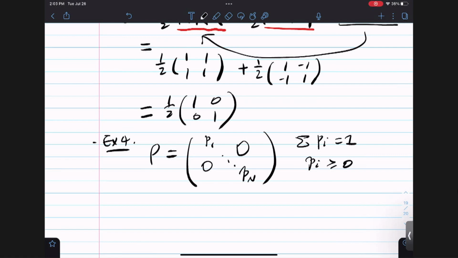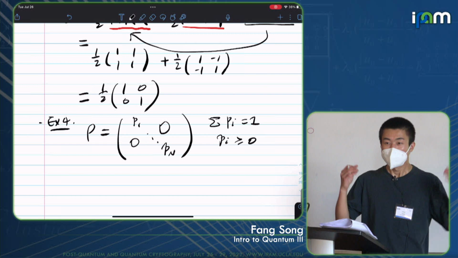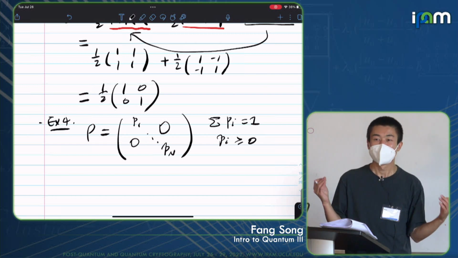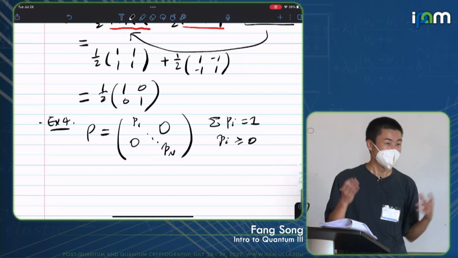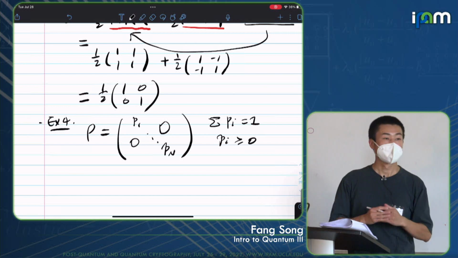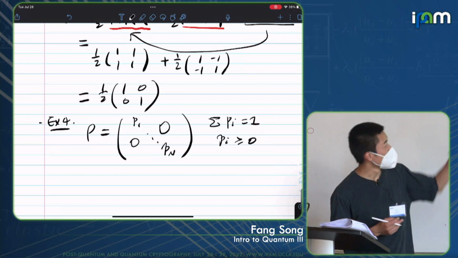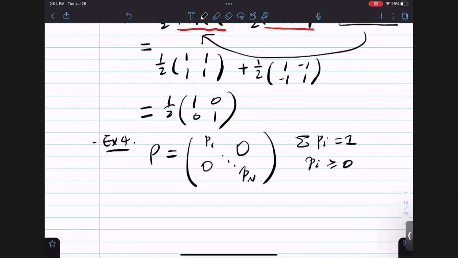What does this density matrix correspond to? This is something we are familiar with. This is just a regular probability distribution. Each pi is a probability, and they sum up to 1. So the density matrix representation subsumes classical distributions as diagonal matrices.